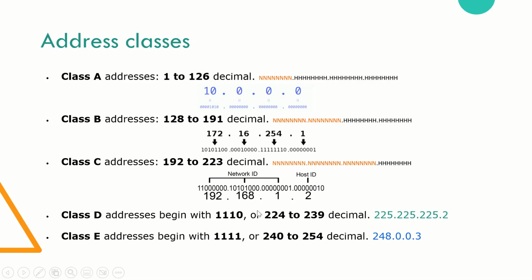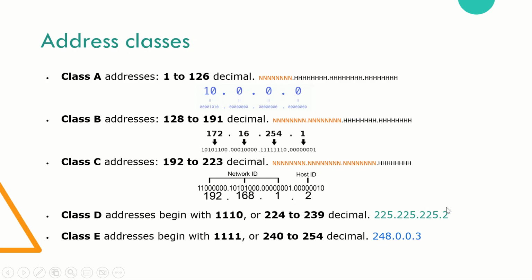And about class D and class E, class D is between 224 to 239 decimal, and class E between 240 to 254 decimal, like this one and like this one.